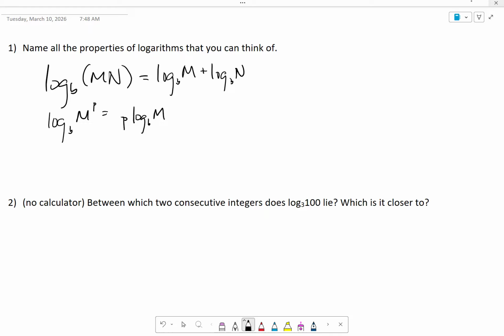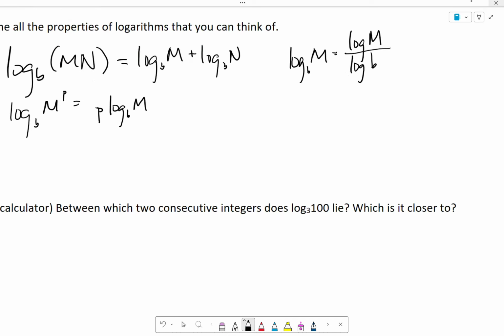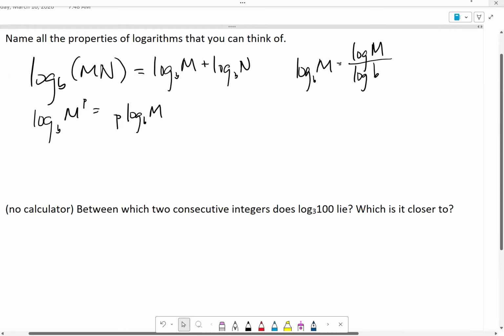Could you remind us what that one is? And what base are you using here? Does it have to be base 10, or ln? Could it be another base? As long as it's an acceptable base. Nice, thank you. I want one more.